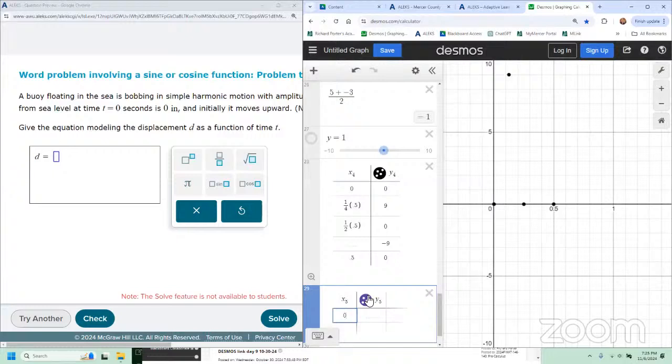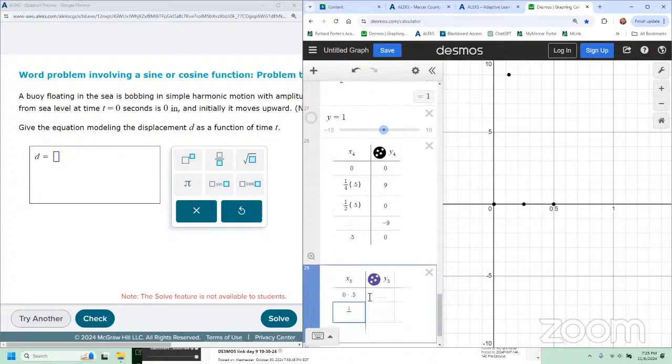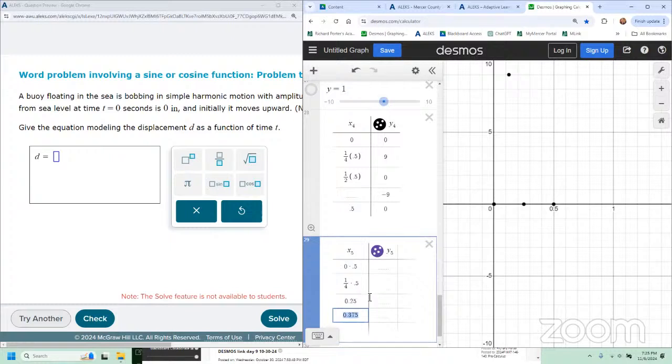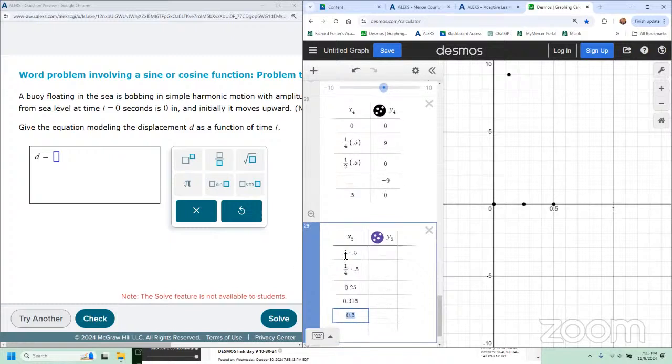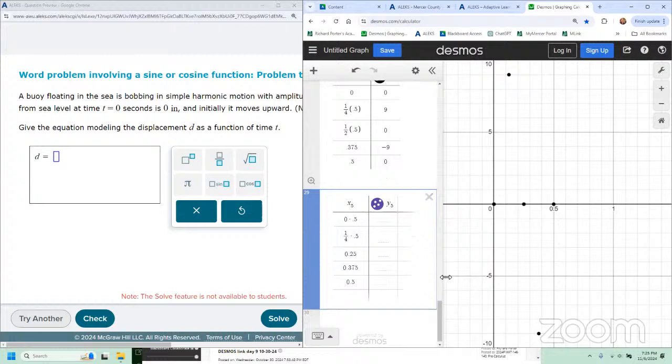So it's 0 times 0.5, then 1/4 times 0.5, and the next one is 1/2 times 0.5, and then the next one, and the next one. So Desmos just knows to automatically do them. This one right here is 0.375, in other words, 3/4 of 0.5. Anyway, that's one way to trick Desmos. It's telling you the answer.